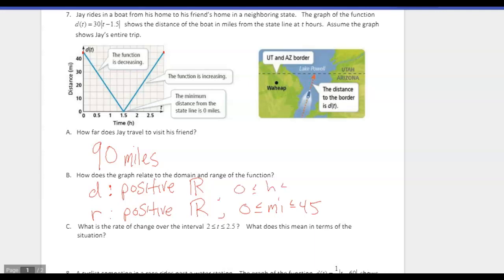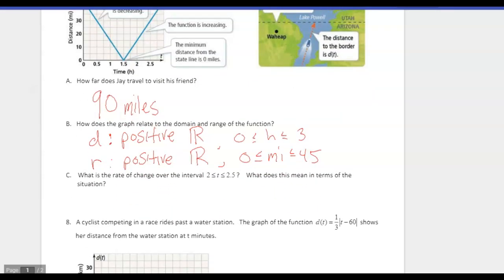Number of hours, according to this, is between 0 and 3. So 2 different ways you could approach that, depending on how you feel you're answering the question. I'm not going to say either one's wrong. Not in this case, at least.